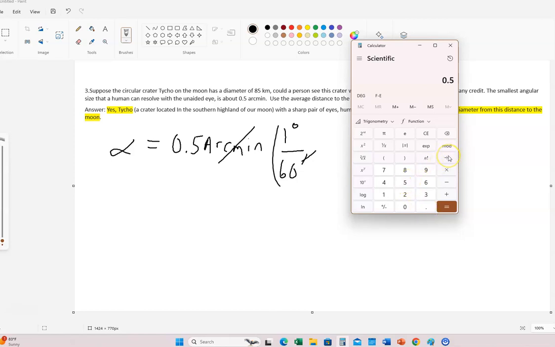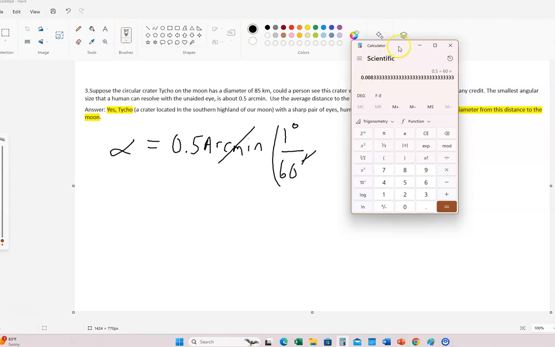This is like the limit at which the human eye can resolve something. Resolving is when, if there are two objects there, you can tell that there are two objects. So 0.5 divided by 60. This is just a very tiny angle. The human eye can resolve down to about 0.008 degrees.